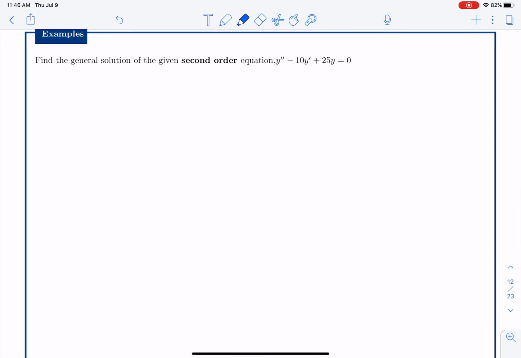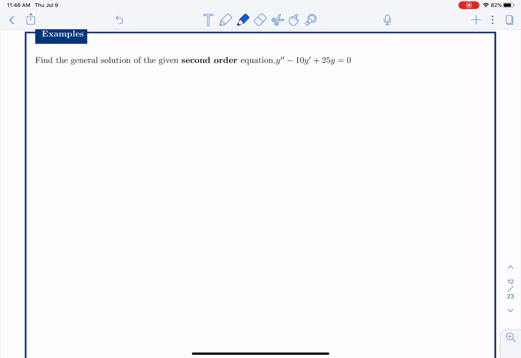So if I set the first one equal to 0, I get m equals 5. Set the second one equal to 0, I get m equals 5. So the two roots are m1 equals 5 and m2 equals 5.